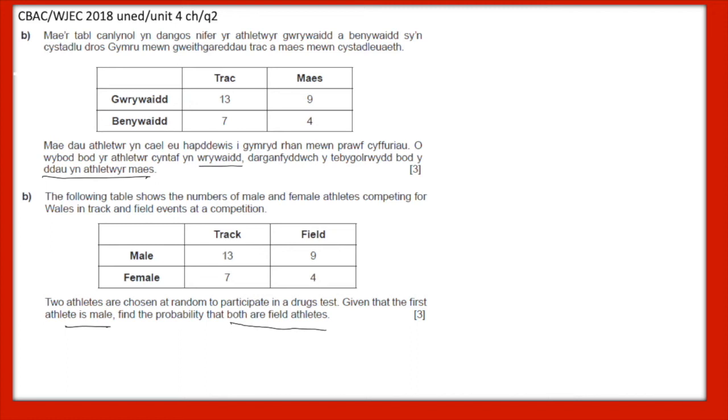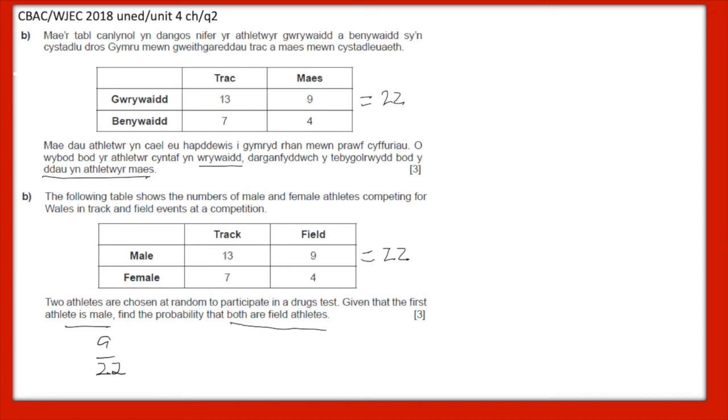I want that the first person I choose is a male and a field athlete, and given that, I know that the area there is 22. So the probability that the first one is male is 9 out of the 22.